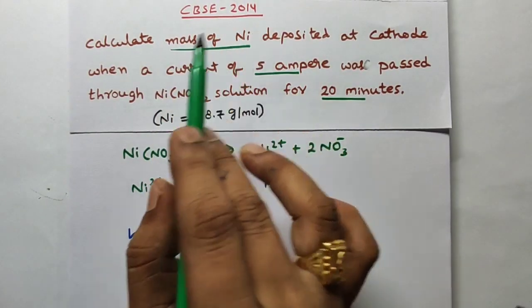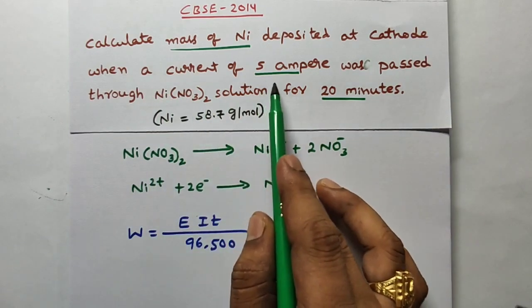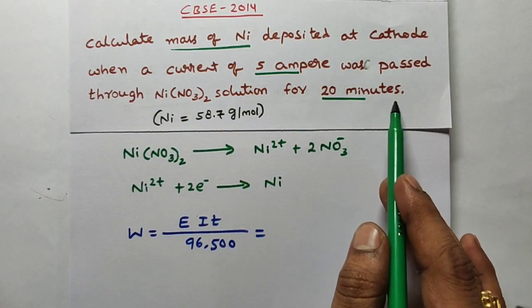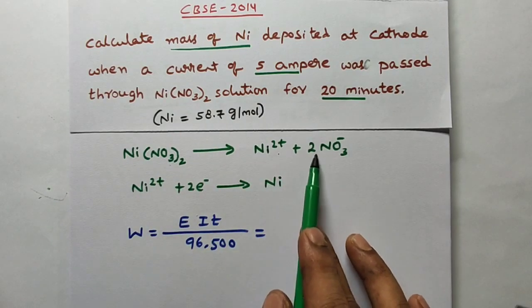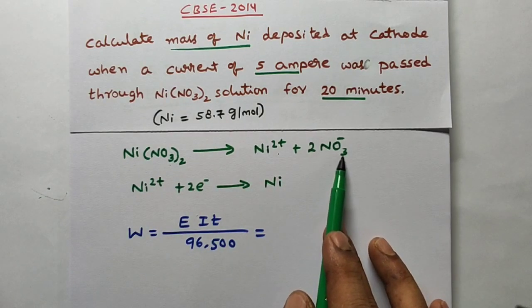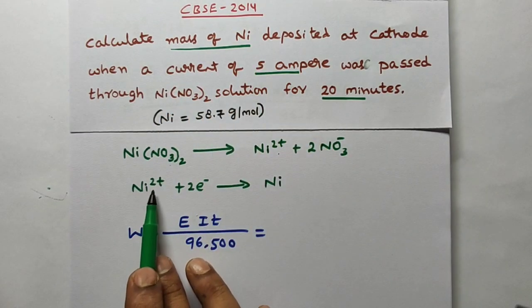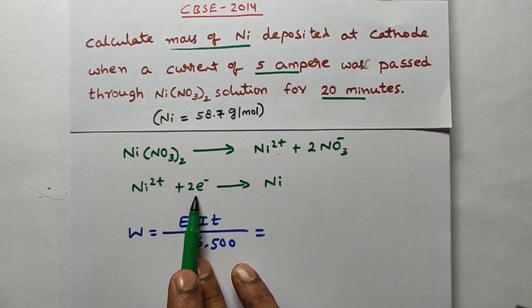CBSE 2014. Calculate mass of nickel deposited at cathode when a current of 5 amperes was passed through nickel nitrate solution for 20 minutes. First you can take nickel nitrate, split into Ni2+ and 2 moles of NO3 minus. Here they are asking mass of nickel, that's why Ni2+ converted into Ni by gaining 2 electrons.